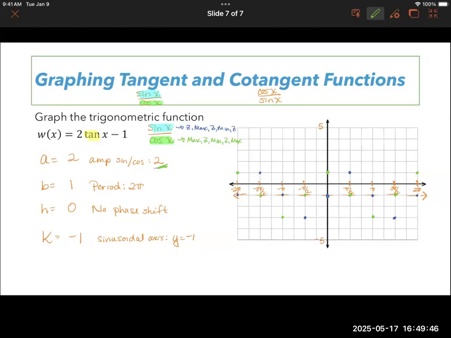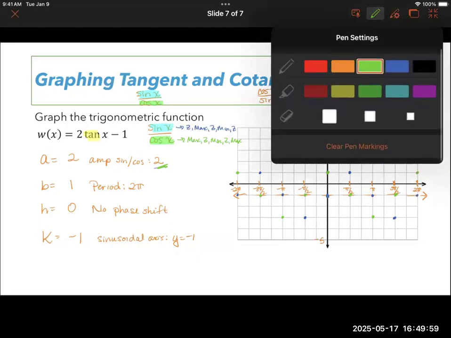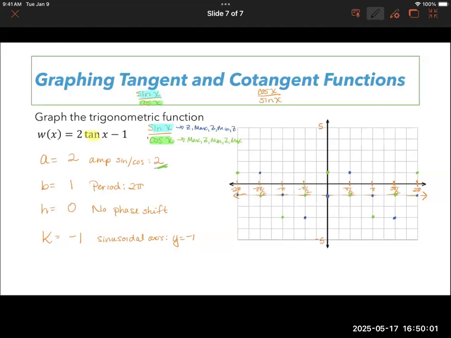Now that might look a little bit messy, but what we really need these dots for is to tell us what's going on with our tangent function. In the tangent, it is the cosine that's in the denominator.